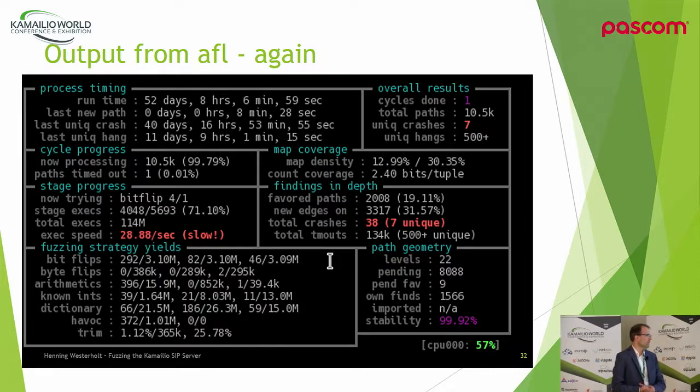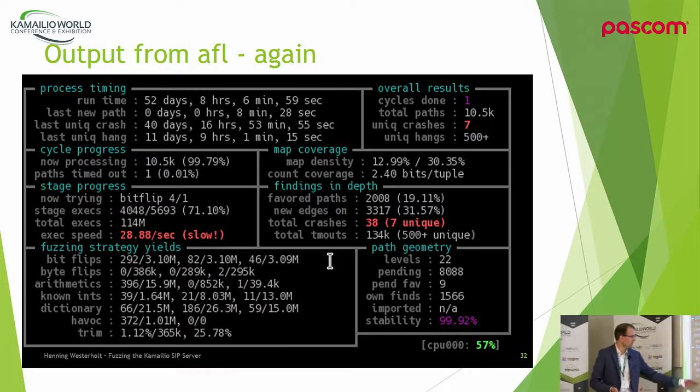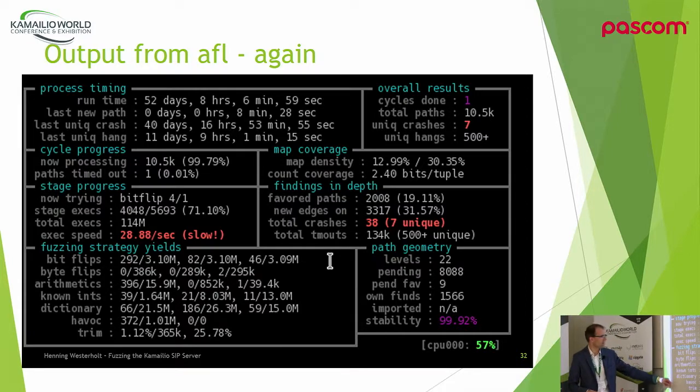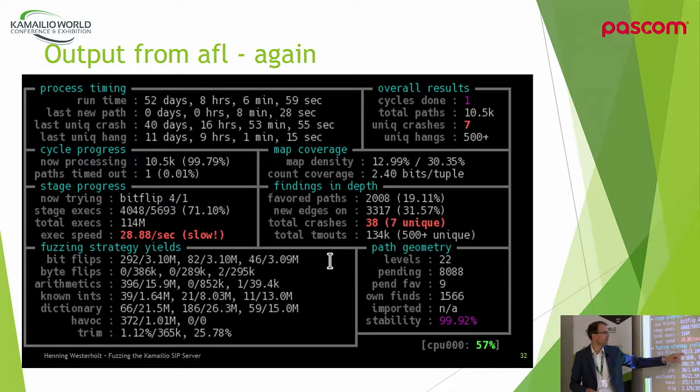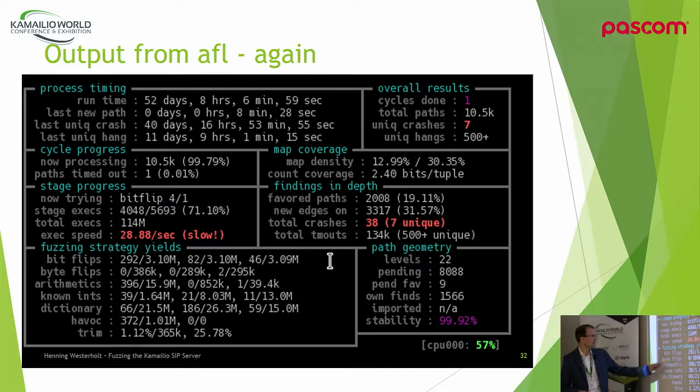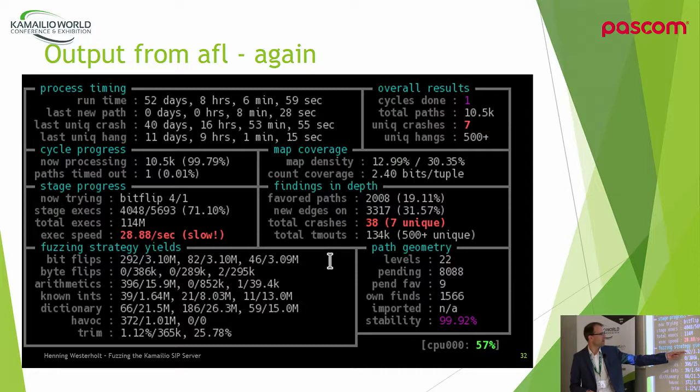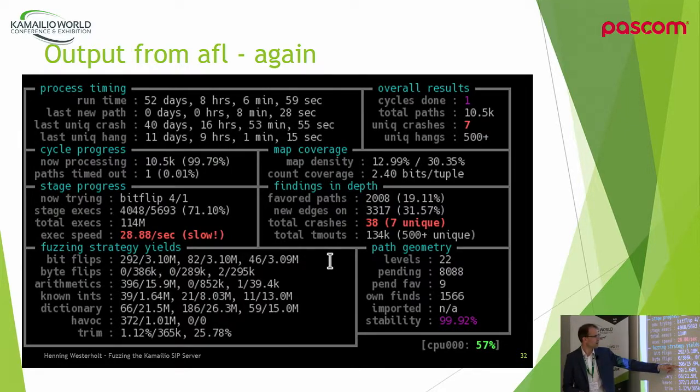So what is really effective in fuzzing Kamailio? You can see the operations here. The first number is the number of code paths that were found, and the second number is the number of iterations that were executed to find them. You can see that simple bit flips are really effective. Arithmetic operations are also really effective.